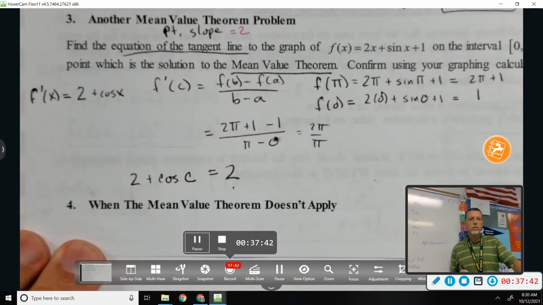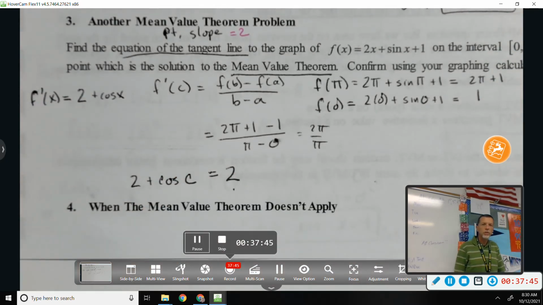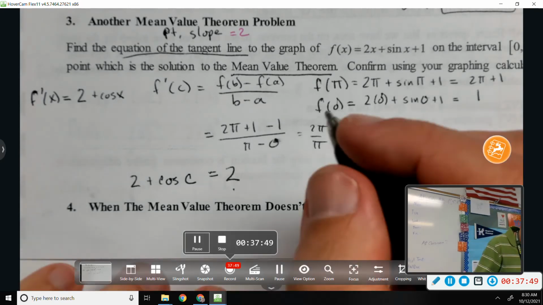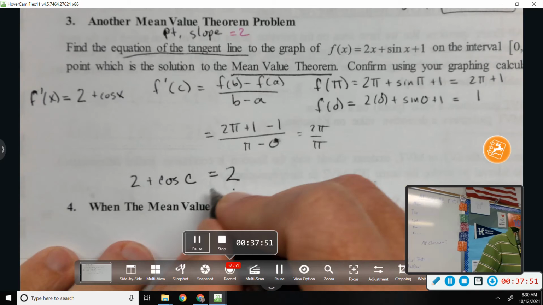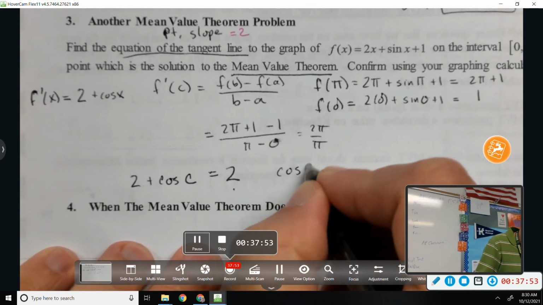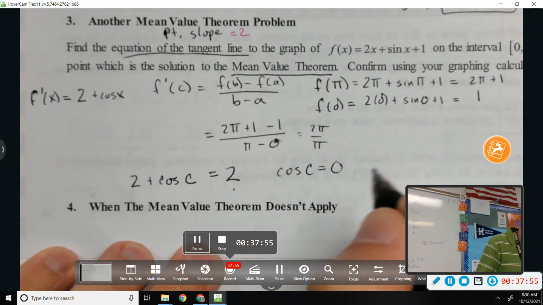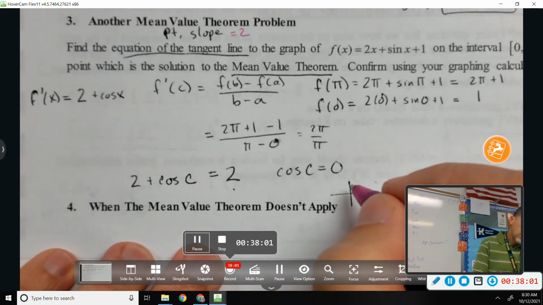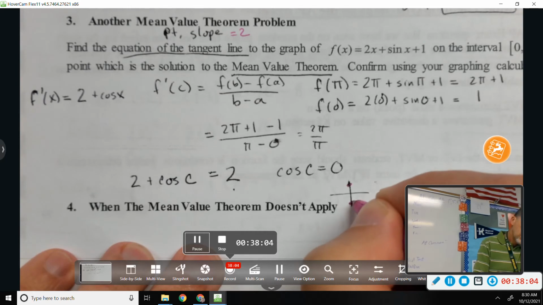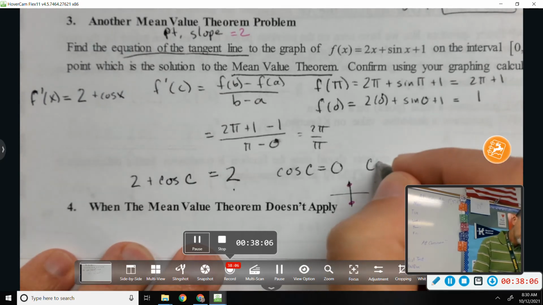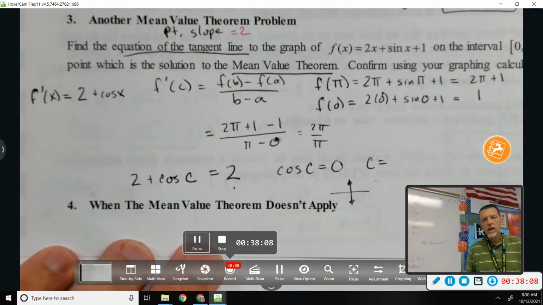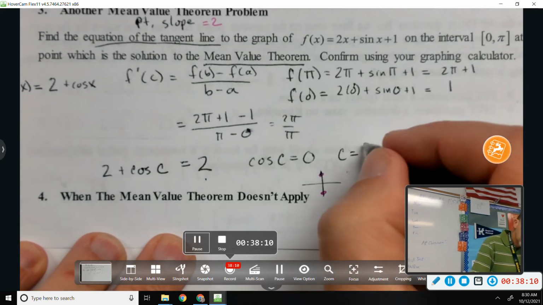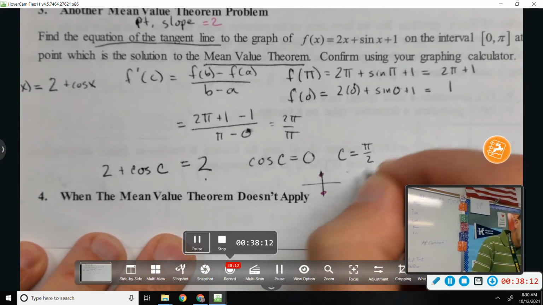So 2 plus cosine c equals 2. So cosine of c equals 0. Where does that happen? Pi over 2 and 3 pi over 2.